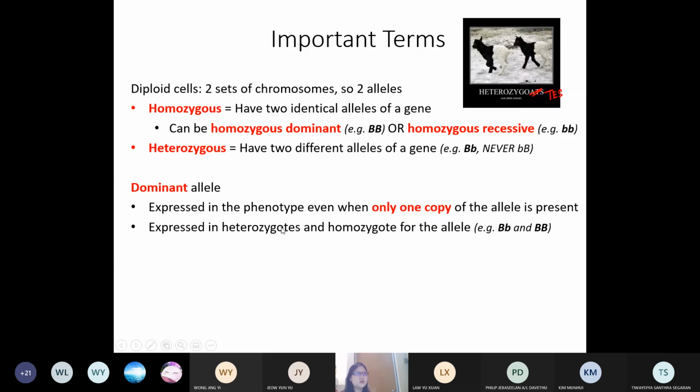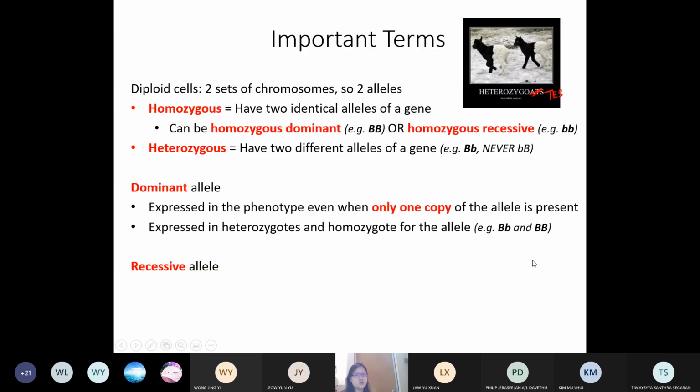So this or this will have the dominant phenotype. If you're heterozygous, I repeat again, or homozygous dominant for the gene, you would have a dominant phenotype. See, phenotype is the appearance.